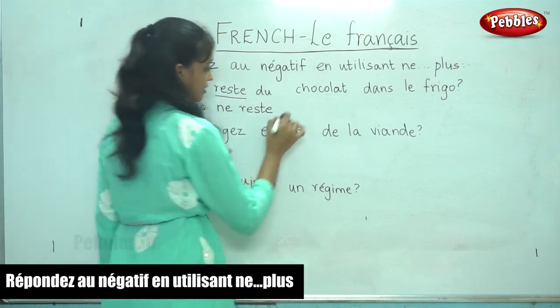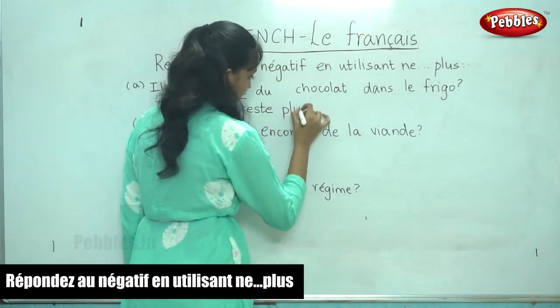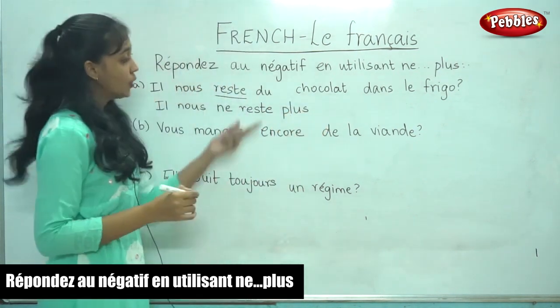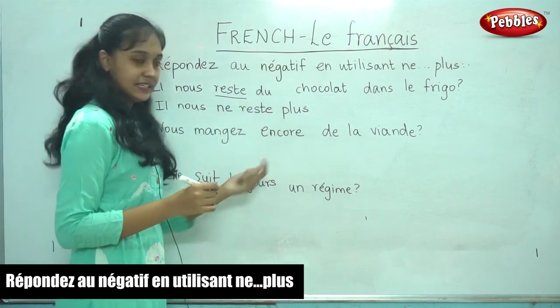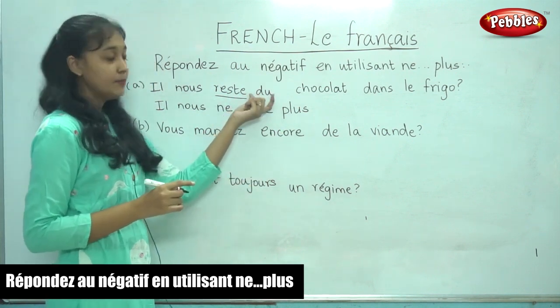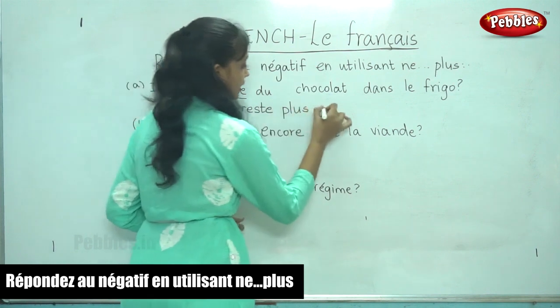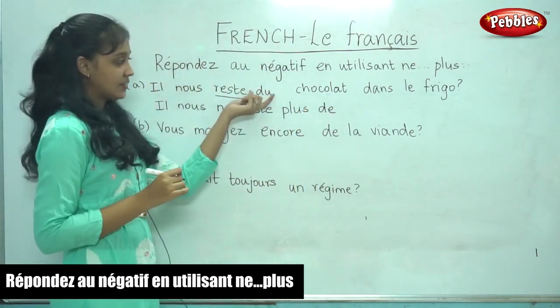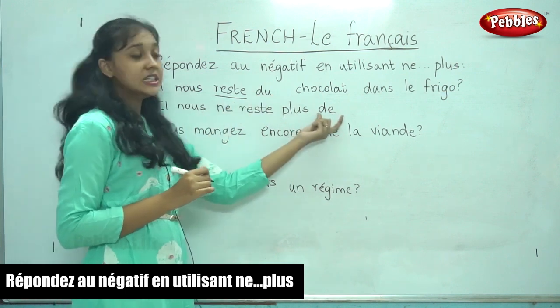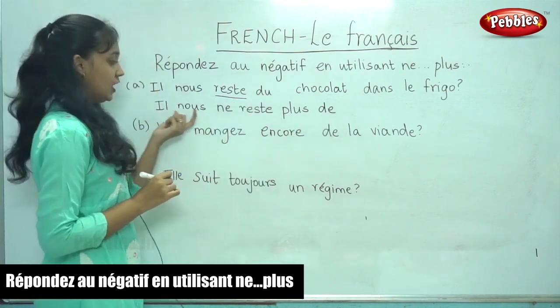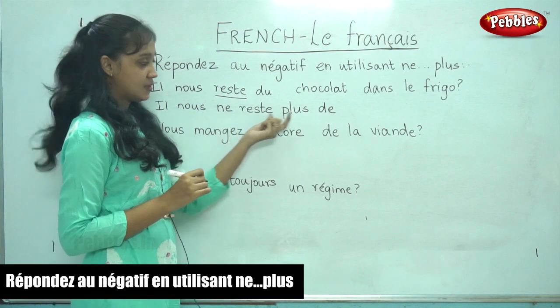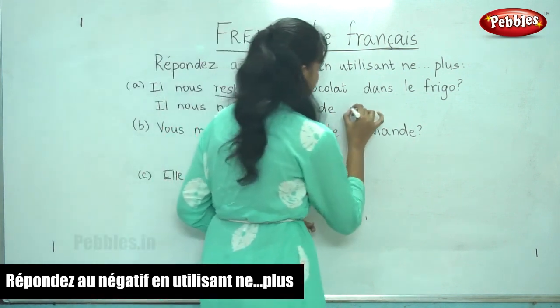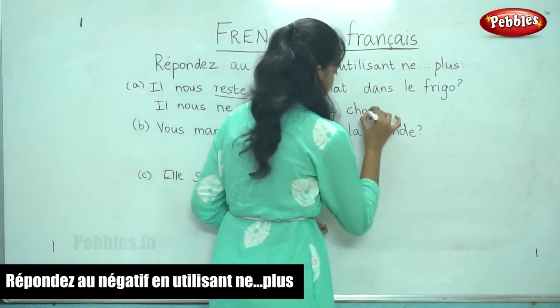Ne reste plus. And when you have partitive articles, they become de. So whatever it is here, it becomes de. So il nous ne reste plus de, and the remaining as it is.